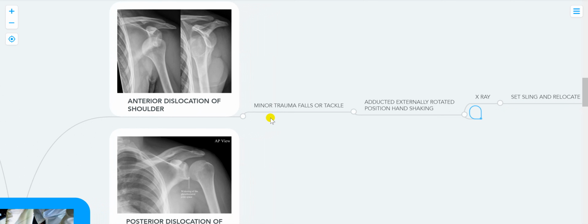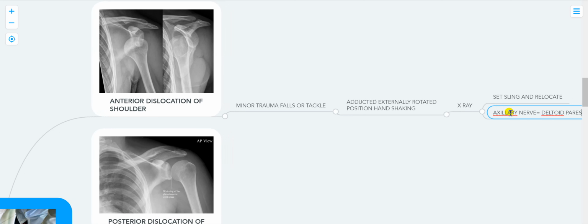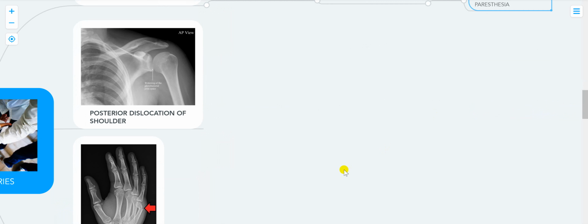You follow up with the axillary nerve, because this could get damaged, and this could cause deltoid paresthesia.